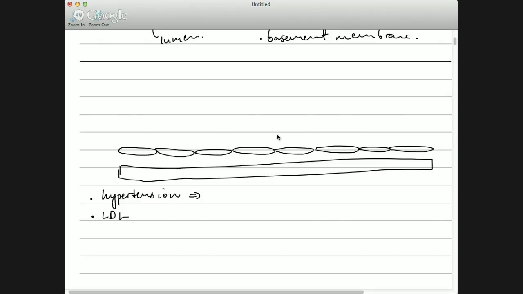Yeah, shear stress. When you've got blood pumping through the vessel at high pressure, you're basically shearing off endothelial cells. You're applying physical trauma to the endothelium, and physical trauma itself can damage the endothelium, can't it? Yeah, good. So hypertension, low density lipoprotein. What else?